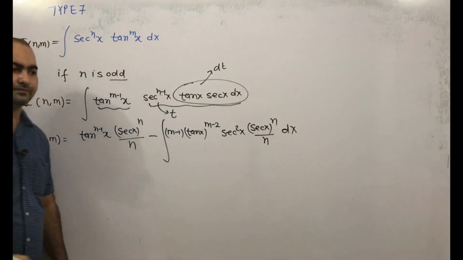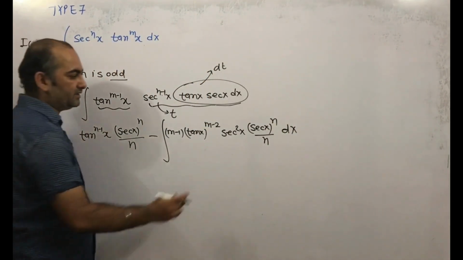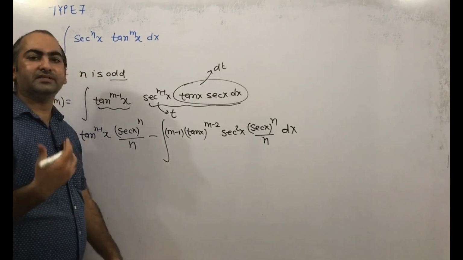Now here this sec^2 x we write as 1 plus tan^2 x.